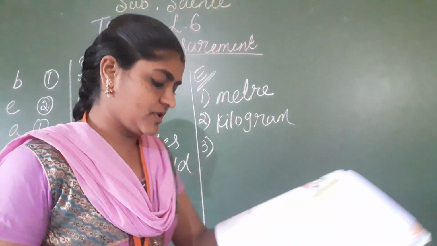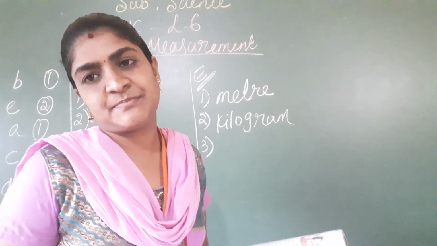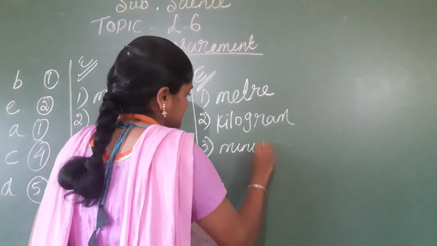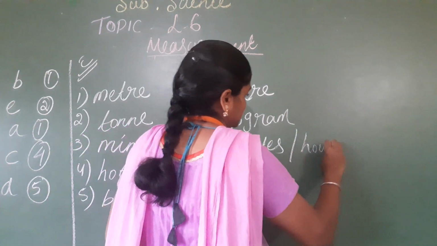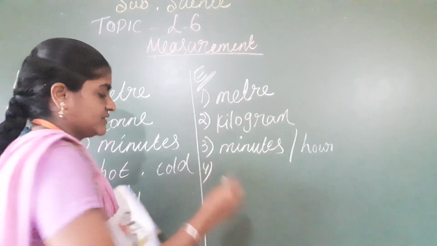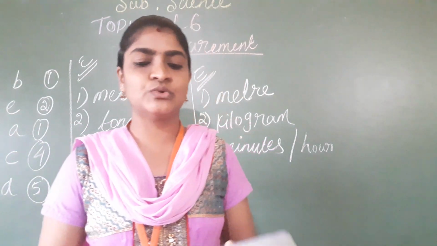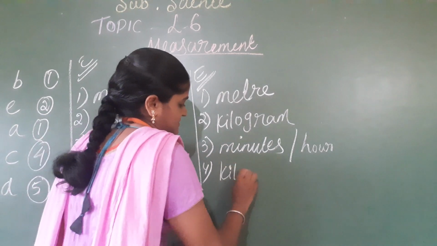Next, third one, the time spent watching cartoons. We will spend some minutes or an hour. So write both, minutes, hour. Next, fourth one, the distance between our school and home, we measure with kilometers.